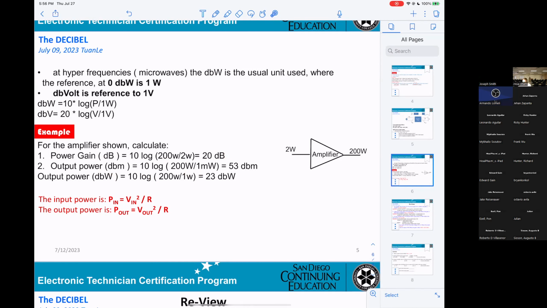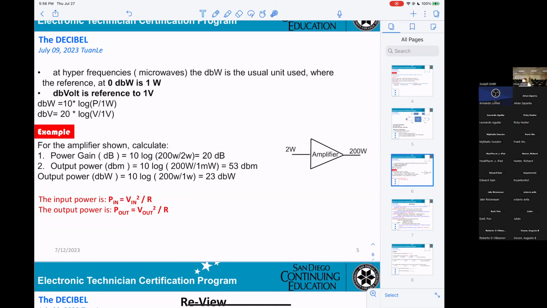That gives you 53 dBm. And also, output power in dBW will be, with the formula right here, 10 times log of 200 watt divided by 1 watt. You get 23 dBW.